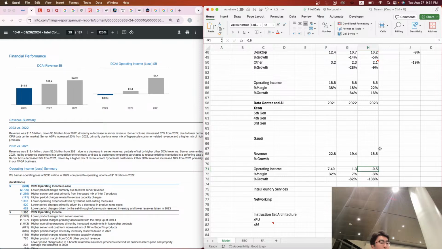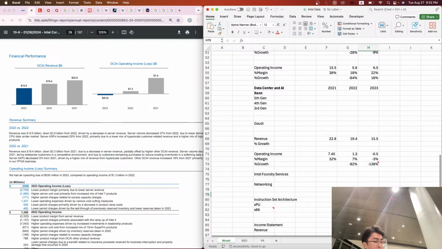I guess when you have a negative number, this doesn't really make too much sense. Let's get used to using our hotkeys. Watch out for negative operating income. Okay.